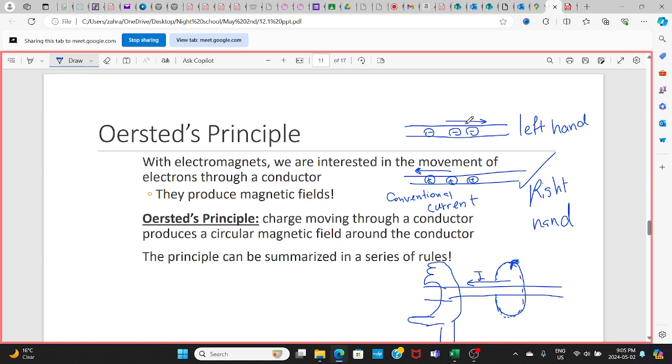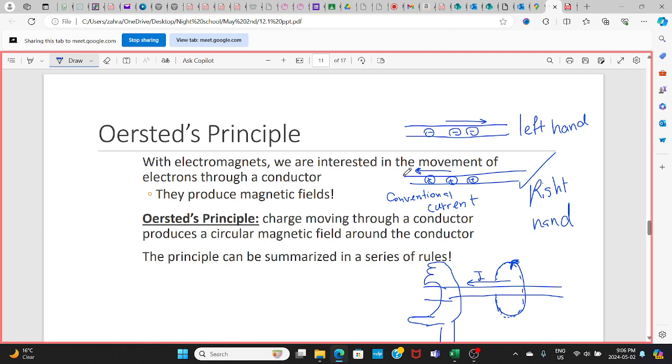Negative charge moving to the right is the same as saying positive charge moving to the left. And when we're talking about the positive charge moving, you're using your right hand to do it.